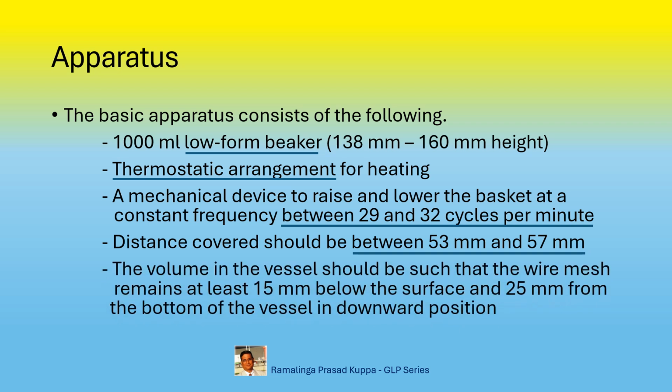The volume of the vessel should be such that the wire mesh remains at least 15 mm below the surface and 25 mm from the bottom of the vessel in downward position. So, in top position, the mesh must be at least 15 mm below the water surface and 25 mm from the bottom of the beaker when the tube is in bottommost position.